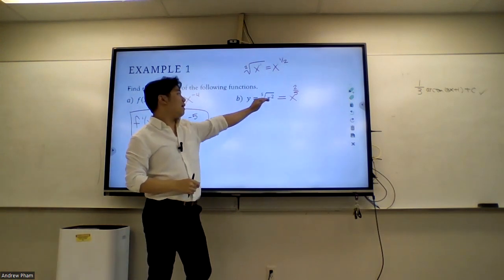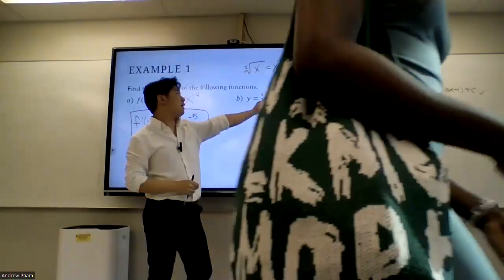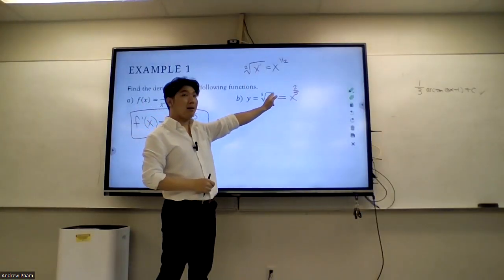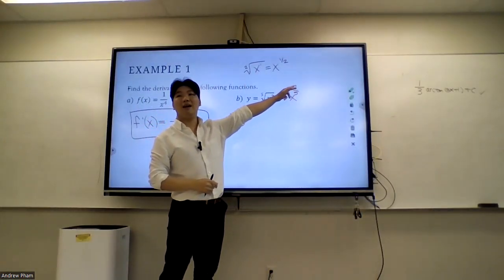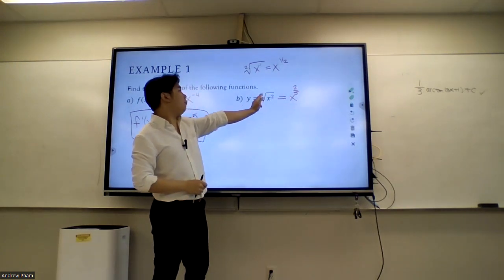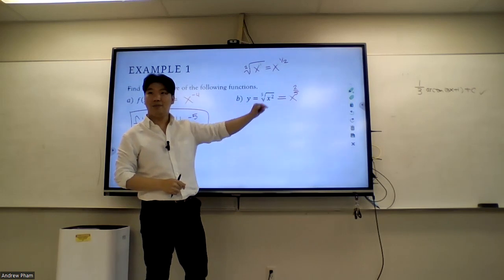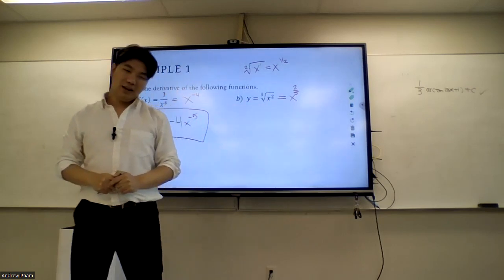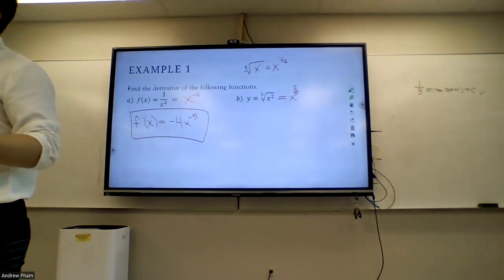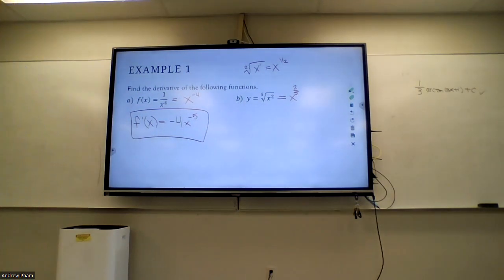So if I want to rewrite this, I take whatever is inside, in this case the square, and make it the numerator. And then whatever the radical is, the type of root, that's going to go in the denominator. So really, the fifth root of x squared is exactly the same as x to the 2/5 power.